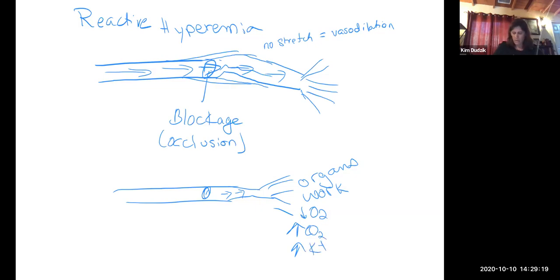With less blood flow, it's not sweeping this stuff away. But again, that will cause vasodilation. And when it does, it pops that occlusion out and sweeps all those metabolites away, bringing more oxygen. Okay, so that again we refer to as reactive hyperemia.